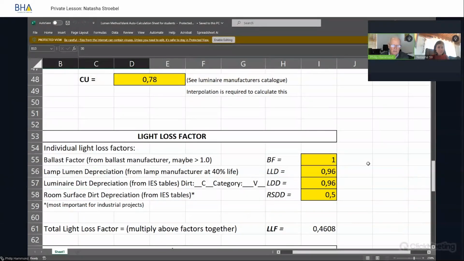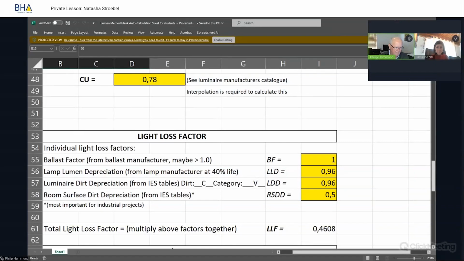Now, if you read the manual, there's a whole load of light loss factors, but there are 4 very important ones. And they are here. So the first one is the ballast factor. Now, is there ballast in an LED?